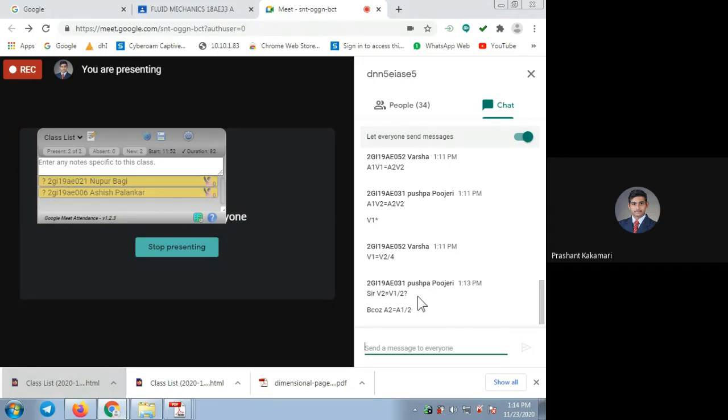A2 is A1 by 2. Then what is the V1 value in meters per second? If you take the same ratio as the areas, what about the velocities? You can solve this problem other than with the continuity equation also.